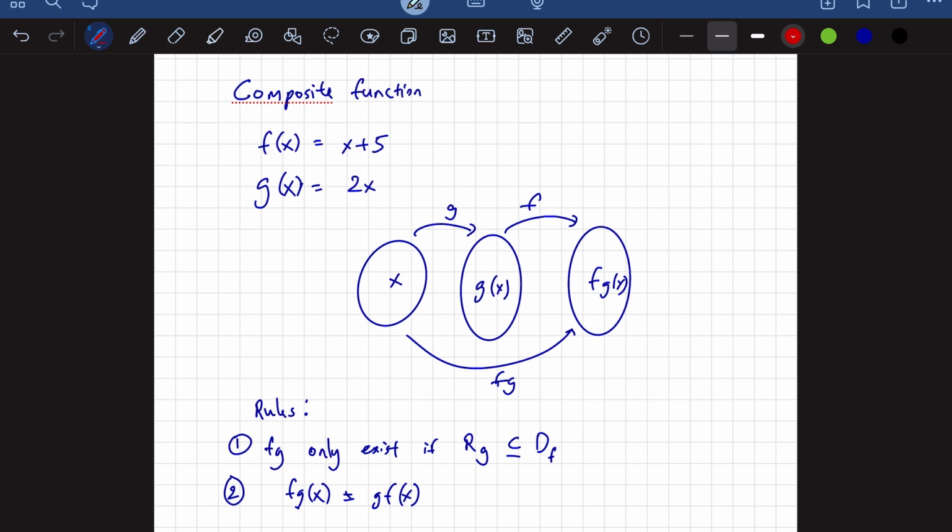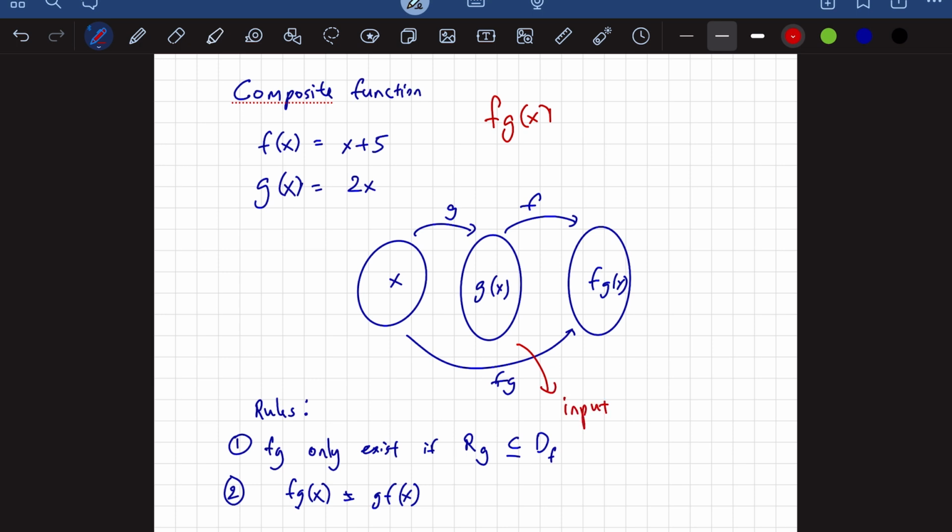Now, let's look at this explanation. We have two functions here, f(x), which is equal to x plus 5, and g(x), which is equal to 2x. What if I want to find the composite function of f(x) and g(x)? In this case, I will call it f(g(x)). First, we will put g as an input.